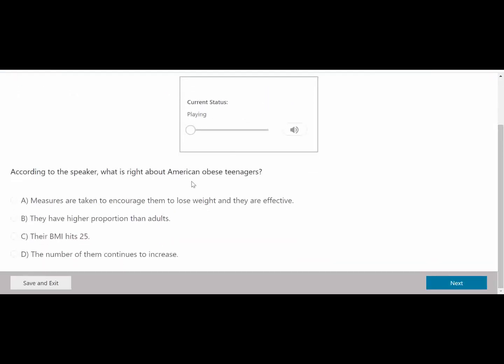The U.S. obesity epidemic continues to worsen. The latest reports show that 40% of U.S. women are obese, and American teenagers are also continuing to put on weight. The two reports from the Centers for Disease Control and Prevention show that efforts to encourage Americans to lose weight, at least to stop putting on more weight, are having little effect. Overall, 38% of U.S. adults are obese, and 17% of teenagers are as well.